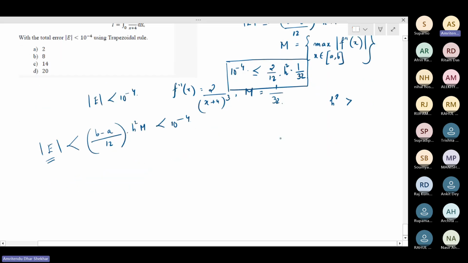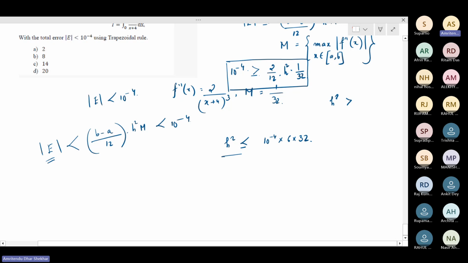So you will see this h squared term can be at most as big as this quantity, which is 10 to the power minus 4 times 6 times 32.